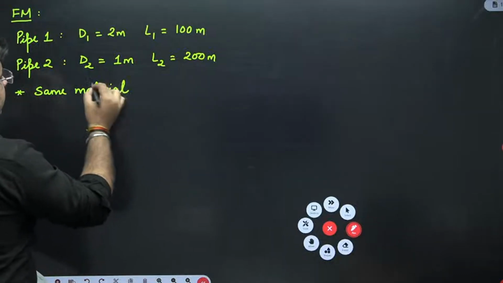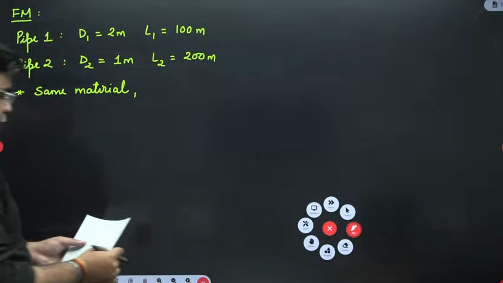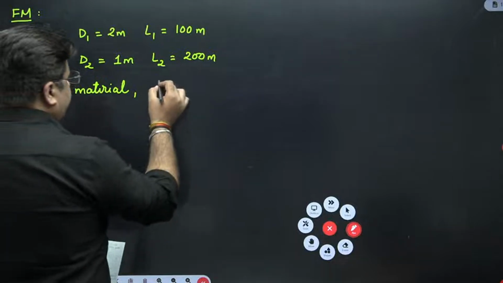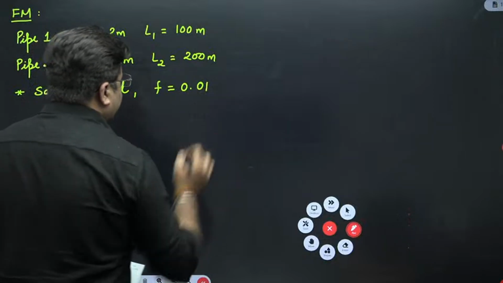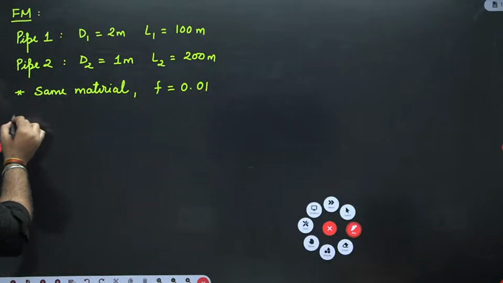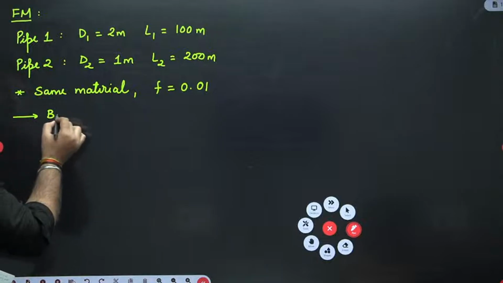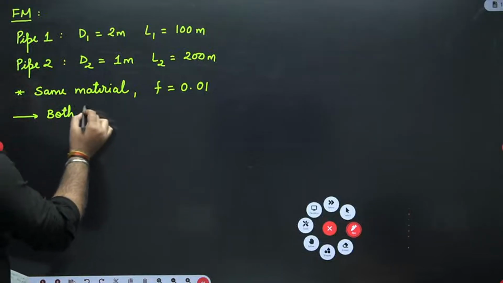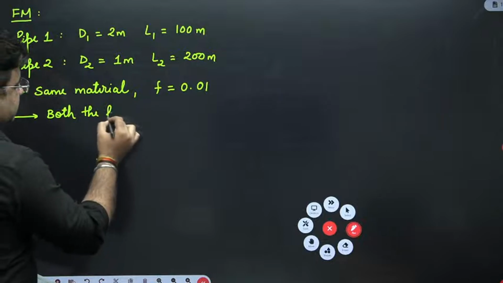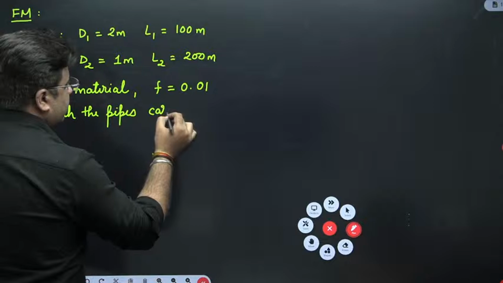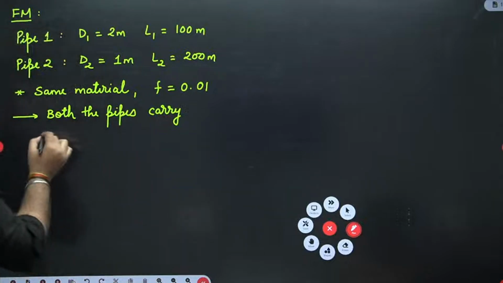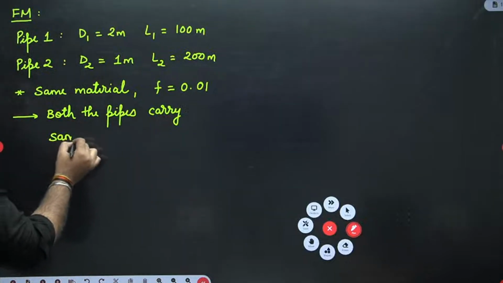Both the pipes are made up of the same material, and for them the value of small f is given as 0.01. Now one more piece of data is given: both the pipes carry the same discharge.